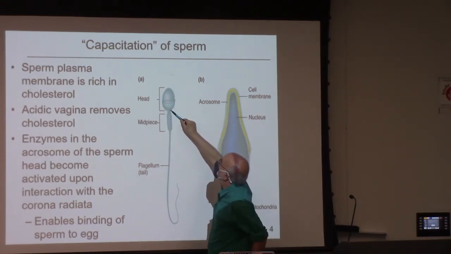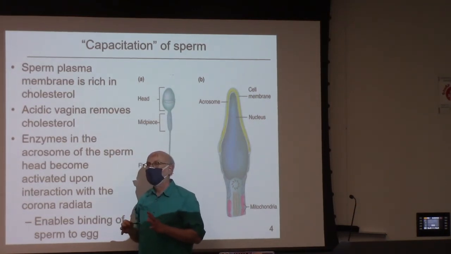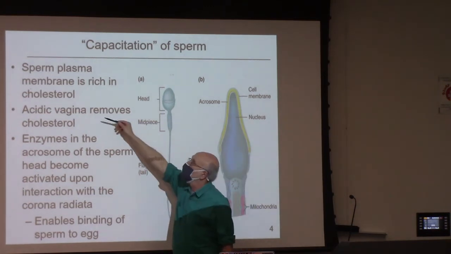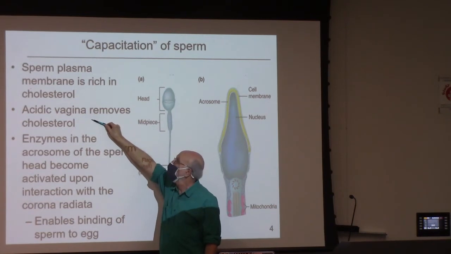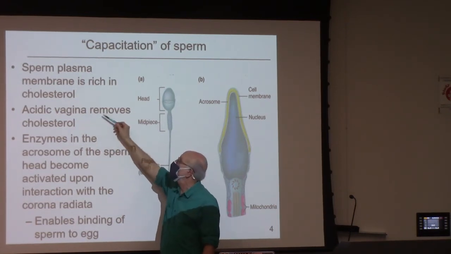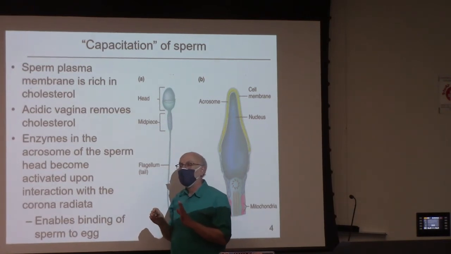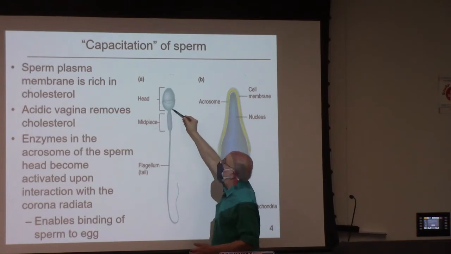The surface membrane of the head is rich in cholesterol, so it's a very stable membrane. But when it's in the vagina, the acid secretions there help remove at least some of that cholesterol. The acid destabilizes the surface membrane.